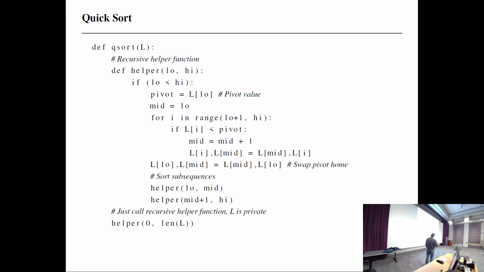And at the end of this loop, I'm going to exchange low and mid with mid and low. Remember that last swap to put the pivot element in its correct position. And then I'm going to recursively sort from low to mid and from mid plus 1 to high. Mid plus 1 because whatever is at mid is already known to be in its correct location.